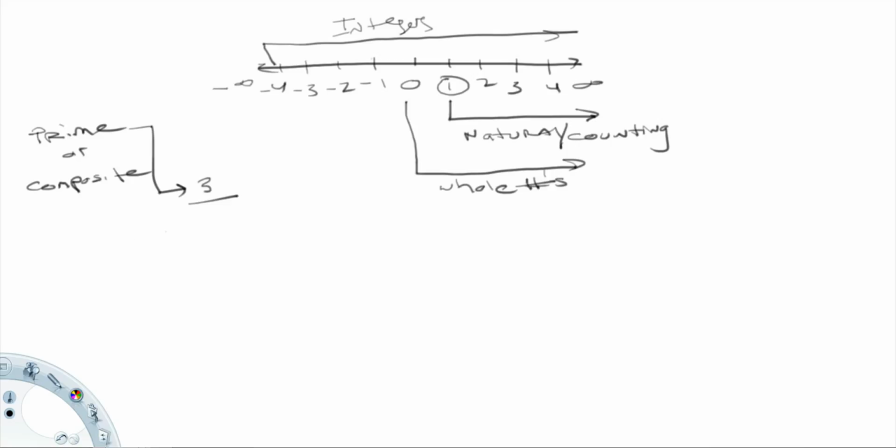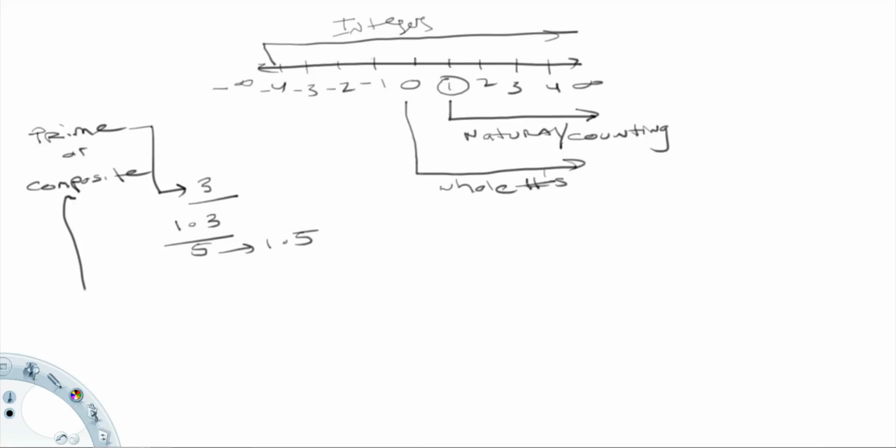The reason why it's prime, and this is the underlying property of prime, is that 3 can be divided by itself and 1 only. So its only factors are 1 and 3. Same thing with 5, right? The number 5 can only be divided by 1 and 5. There are no other factors or multiples that can go into 5.